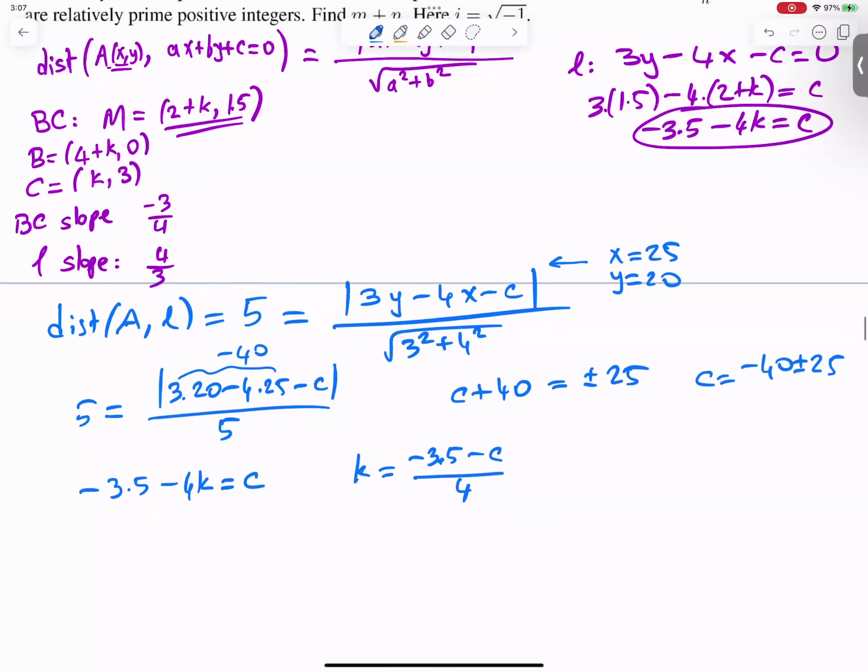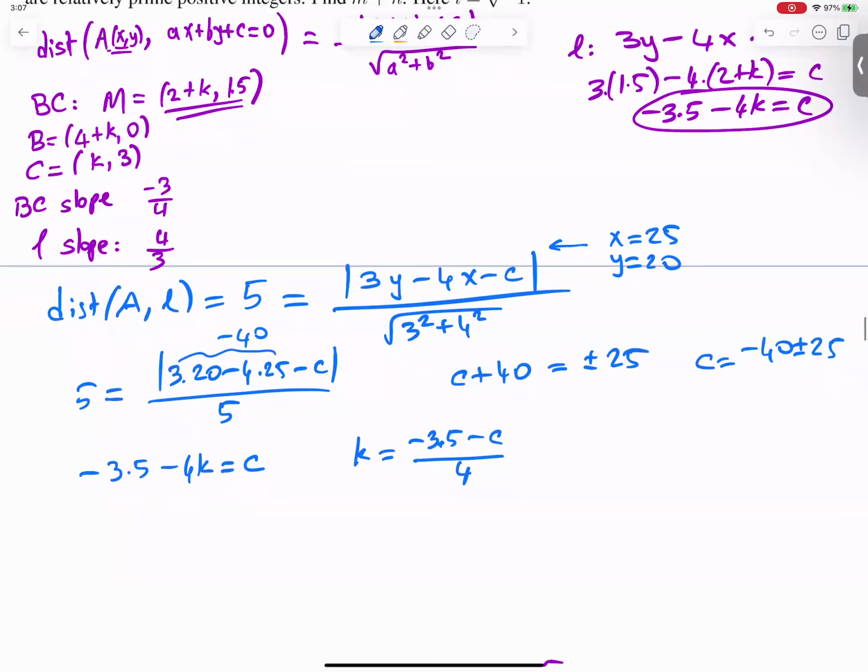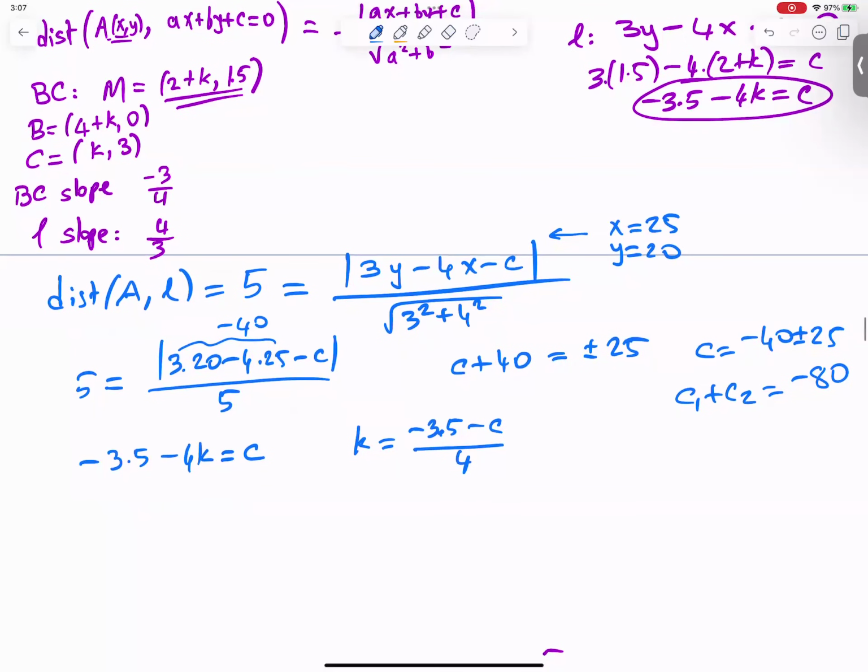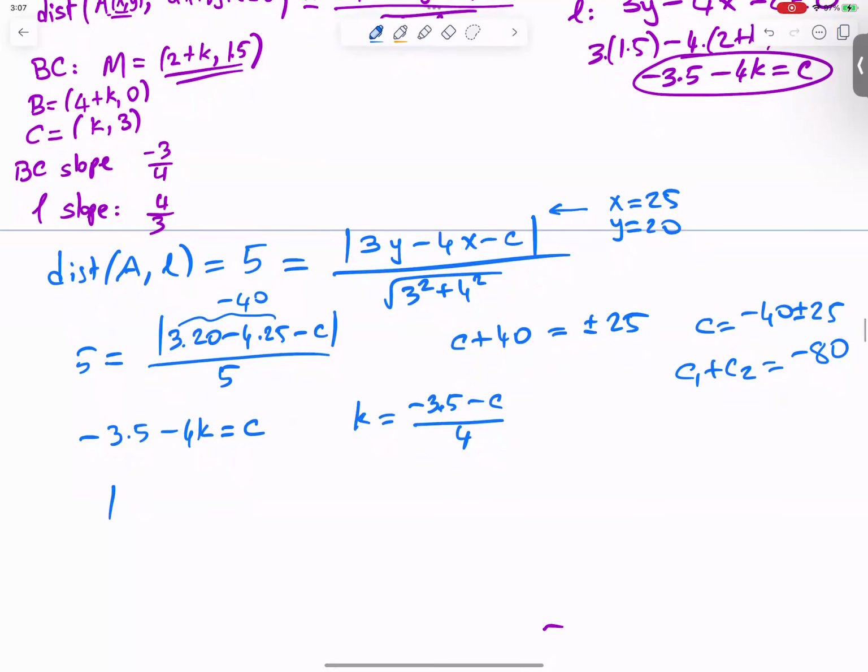And we are interested in the sum of k values. We can observe that the sum of the two c solutions, let's call them c1 and c2, is negative 80, because the plus or minus 25 cancel each other. So k1 plus k2 will be twice the constant, negative 3.5 over 4, minus the sum of c1 and c2 divided by 4.